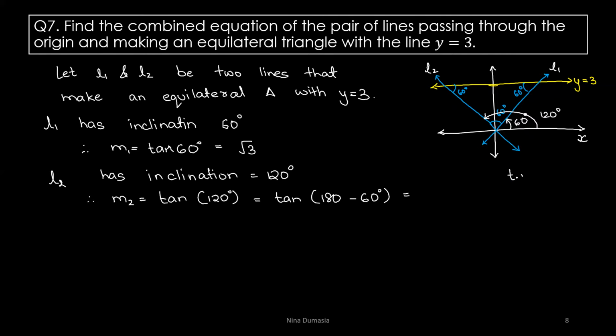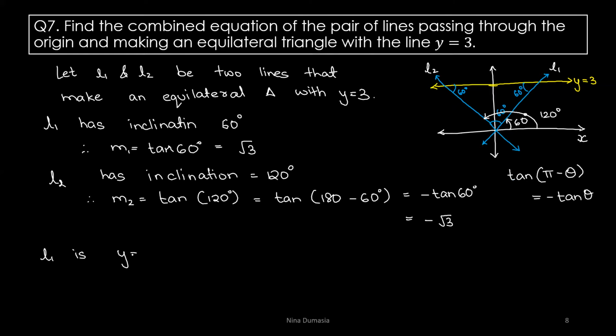I'll just write down that formula also for you. So tan of pi minus theta होता है minus tan of theta. Okay, so this will be minus tan 60, and minus tan 60 degrees is equal to minus root 3. Okay, तो हमारे पास ये दोनों slopes है. So what is the first line? L1 is basically, it is a line that passes through the origin.